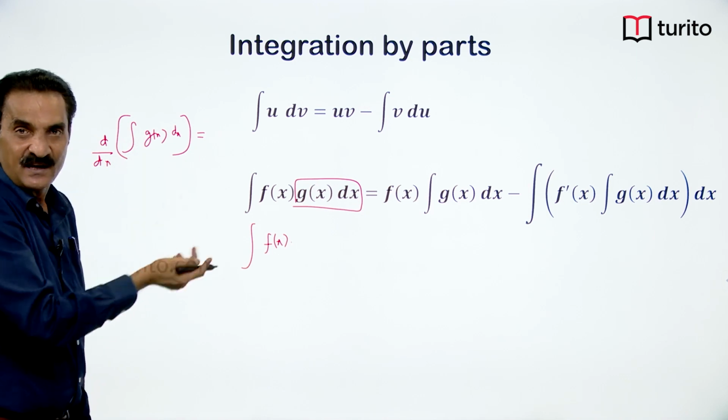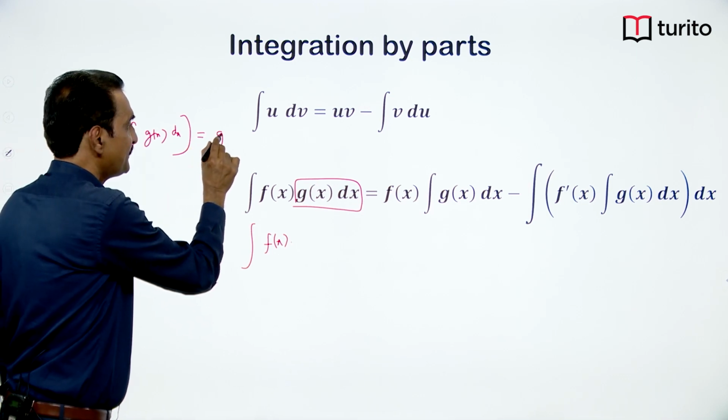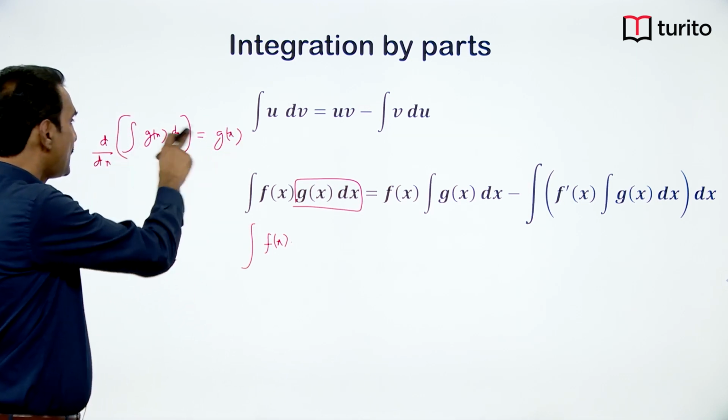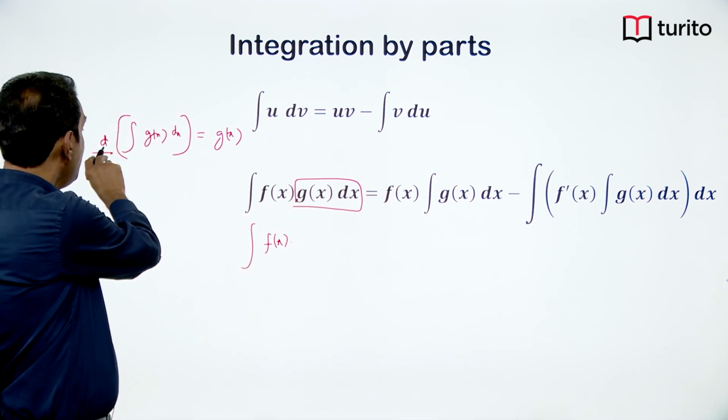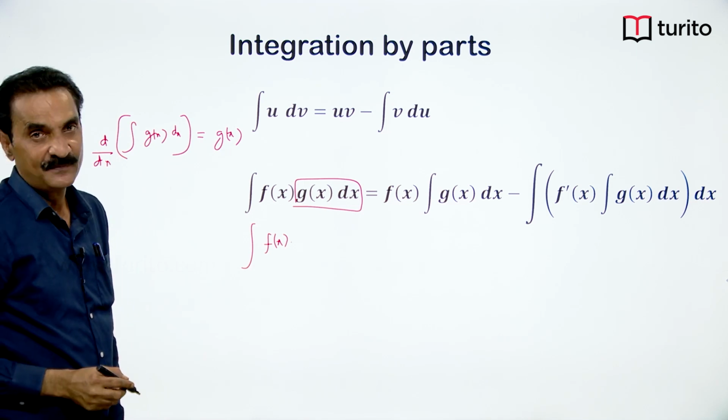Derivative of the integral is the same function, it is g of x. So, cross multiplying we get g of x dx is d of integral g of x.